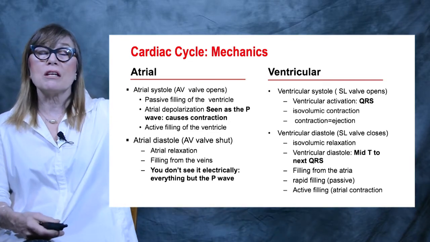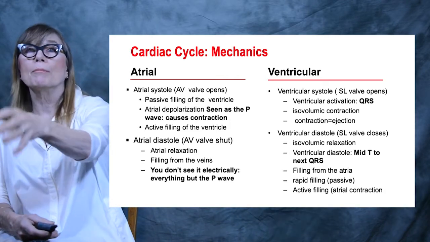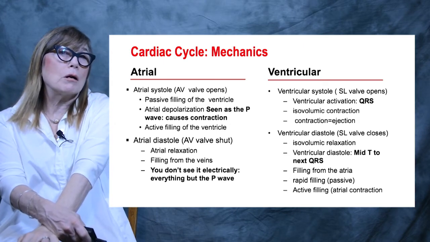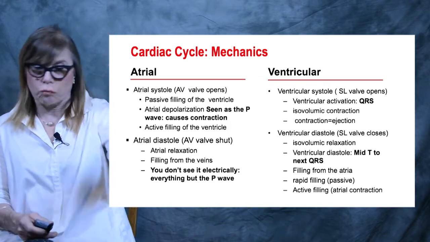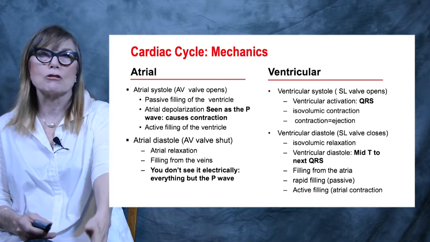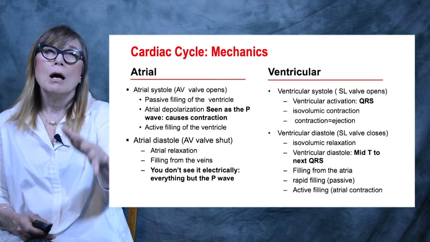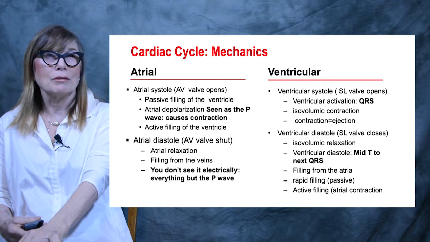So as we see that P wave, we expect atrial contraction, which will optimize the filling of the ventricle. Now those AV valves have been open for a second, so some volume moves from the atria to the ventricle, just down a gradient of pressure, because the pressure in the atria is higher than the pressure in the ventricle at that time. But that last squeeze requires a P wave.